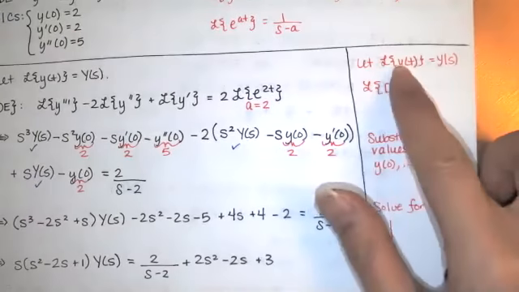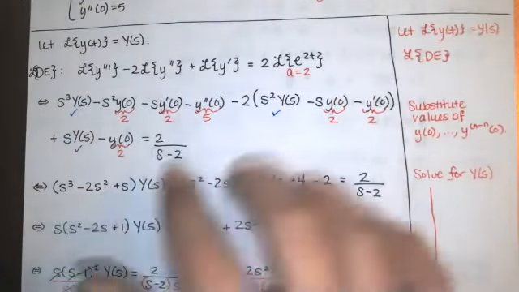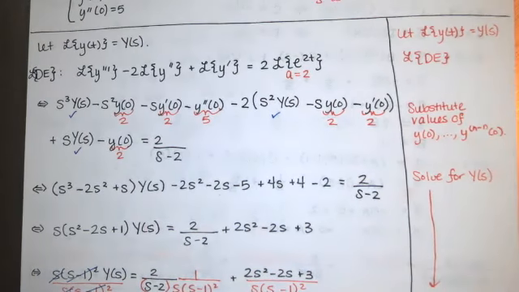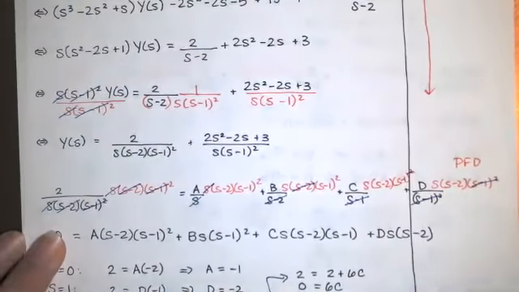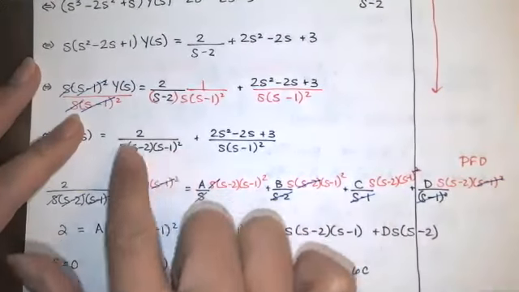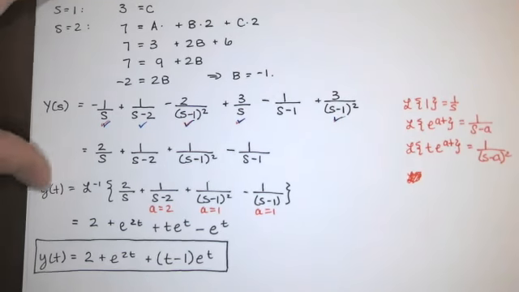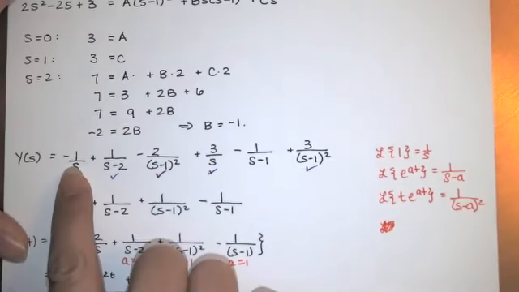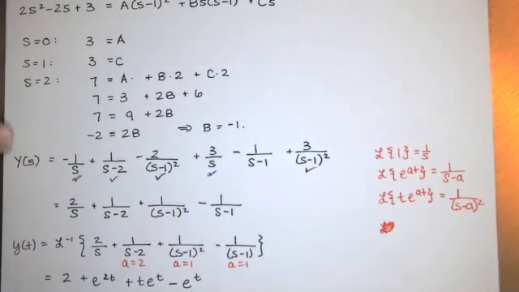We let Laplace transform of little y be big Y. We take the Laplace transform of the differential equation, we substitute in our initial conditions, and we end up with this equation involving Y of s. We solve for Y of s. Just do some algebra. You get this by itself. And then you've got to do partial fraction decomposition. So we did partial fraction decomposition twice, once for this and once for this. Took a little while. Then eventually, after doing all the partial fractions, we ended up here with Y of s equaling this, which simplified to this.